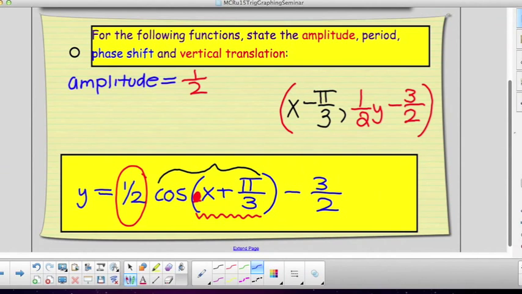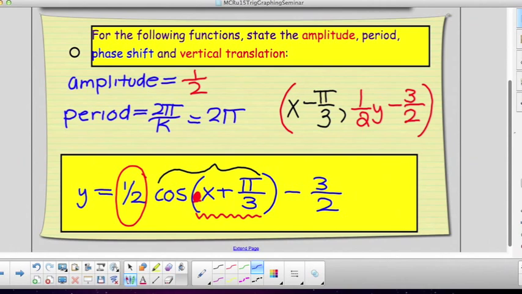Now, very important to realize that this is not the same as your period. Remember, my formula for period is 2 pi over k, where k is your horizontal stretch and horizontal compression term. Since there is no k here, there is no horizontal stretch or horizontal compression, k is equal to 1. Therefore, my period is still 2 pi.